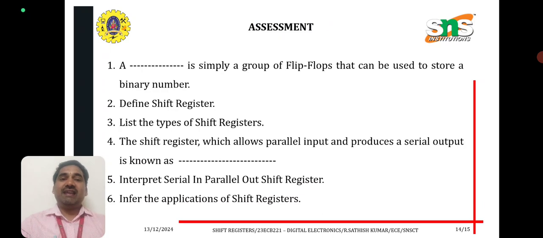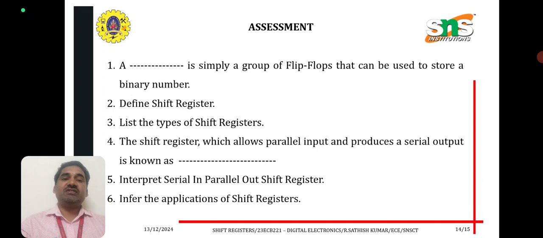Now we can see the assessment. A register is simply a group of flip-flops that can be used to store a binary number. A shift register is nothing but a group of flip-flops that are connected to perform the shifting function. List the types of shift register: 4 types of shift register are serial in, serial out; serial in, parallel out; parallel in, serial out; and parallel in, parallel out.